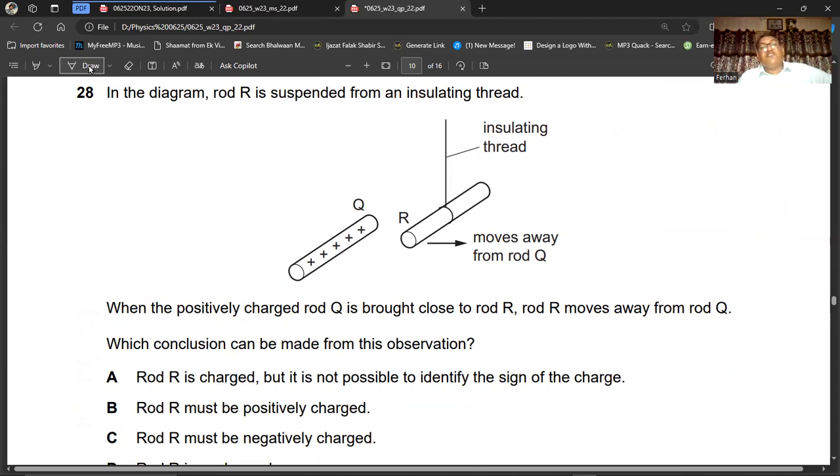When the positively charged rod Q is brought close, rod R moves away from the rod Q. Which conclusion can be made from this observation? You see, the R has been repelled. Q is positively charged. So why will the R be repelled if the R is not also positively charged? So R must be positively charged, I think.